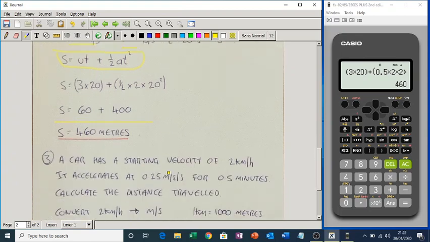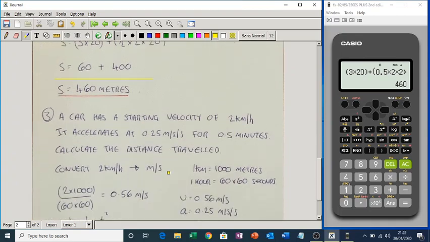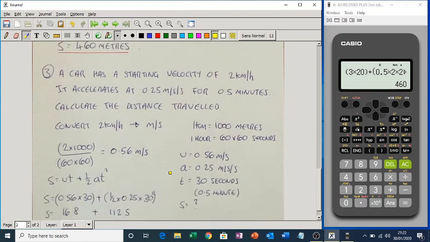So nice and easy, nothing really to stop you from doing stuff there. This one, same formula, but I've got kilometers per hour in this one, and we don't want to be in kilometers per hour because we want to be in meters per second.